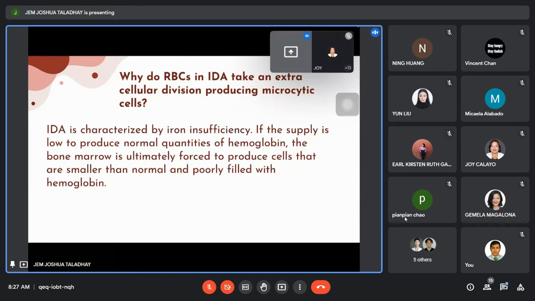So they basically have almost the same explanation. That's the reason why there is an extra cell division that results in a smaller size of the RBCs in the presence of iron deficiency anemia.